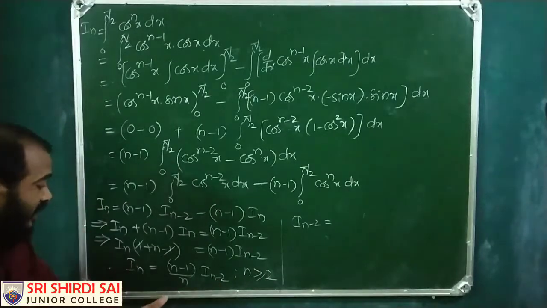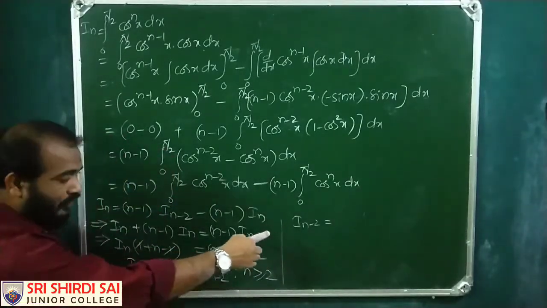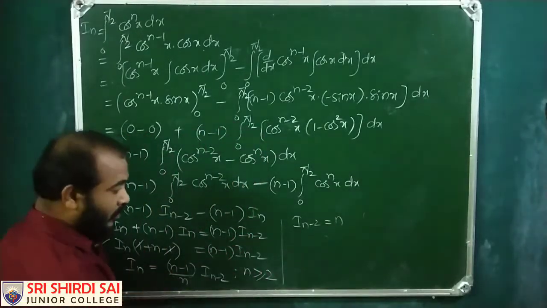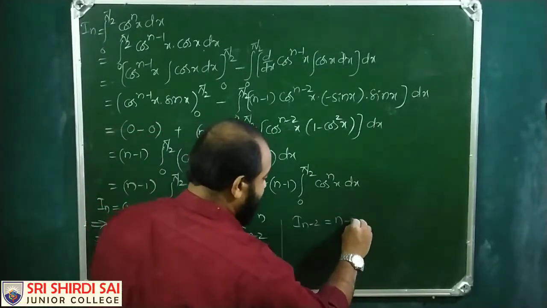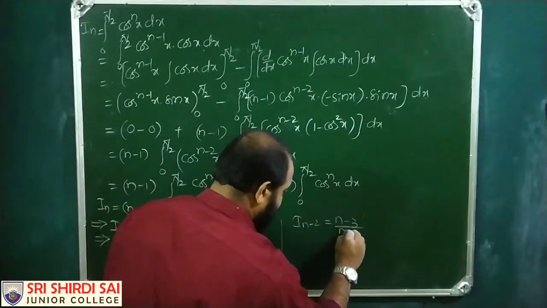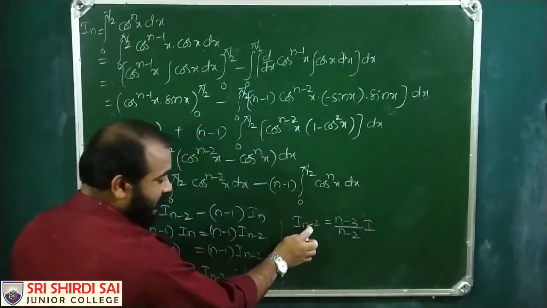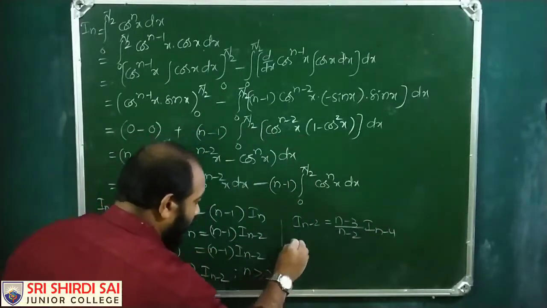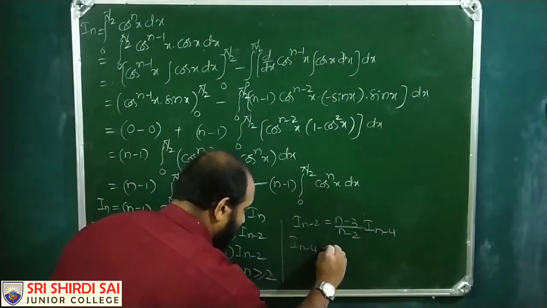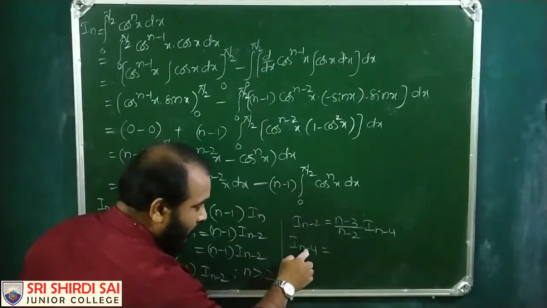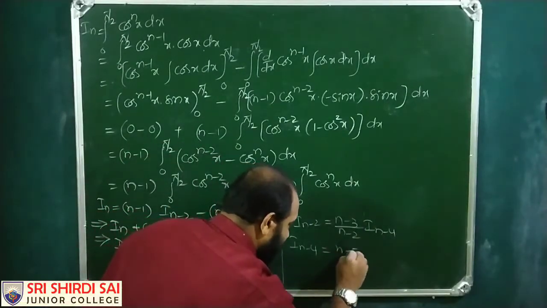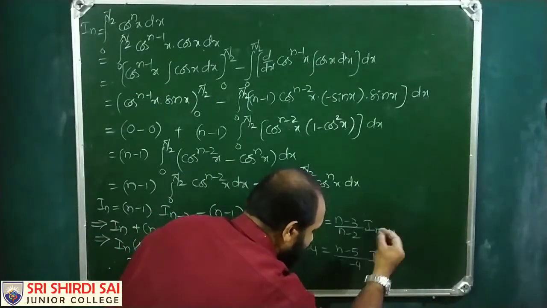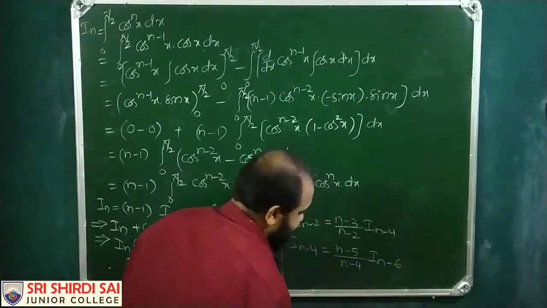Then for n minus 2, it will be n minus 2 minus 1, so n minus 3, the denominator is as it is, and I will be I n minus 4. If I am trying to find I n minus 4, then n minus 4 minus 1, so n minus 5 by the denominator n minus 4, I n minus 6, etc.